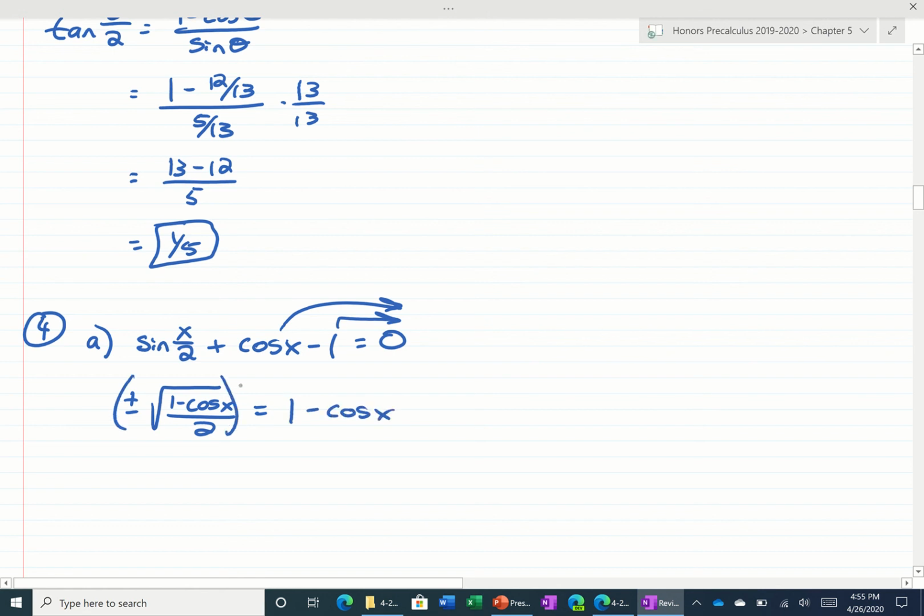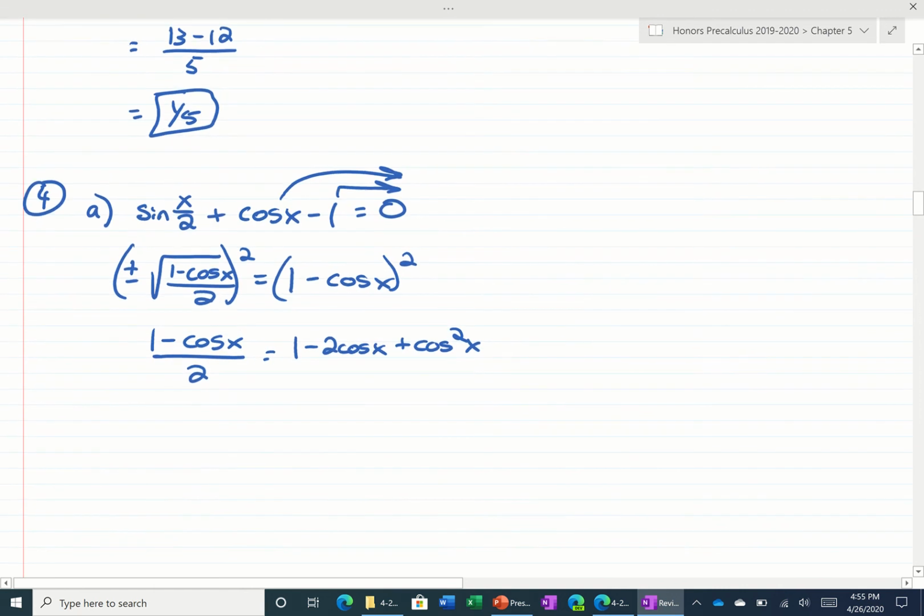Square both sides. We get 1 minus the cosine of x over 2. If you FOIL this out, you get 1 minus 2 cosine of x plus cosine squared of x. Multiply both sides by 2.